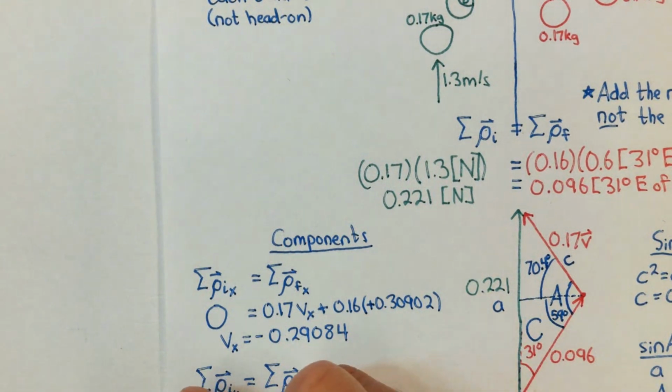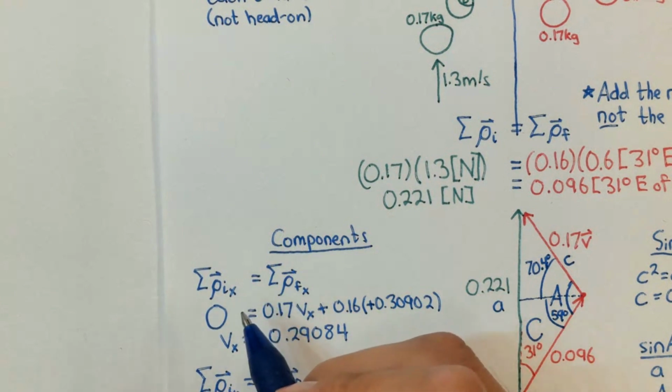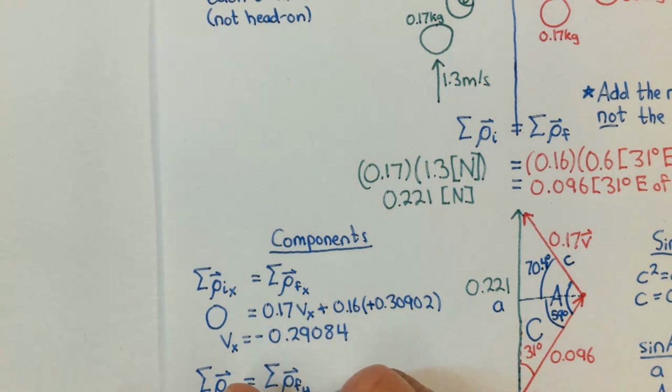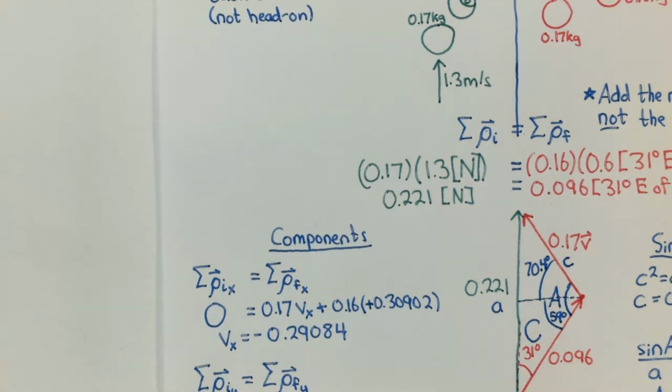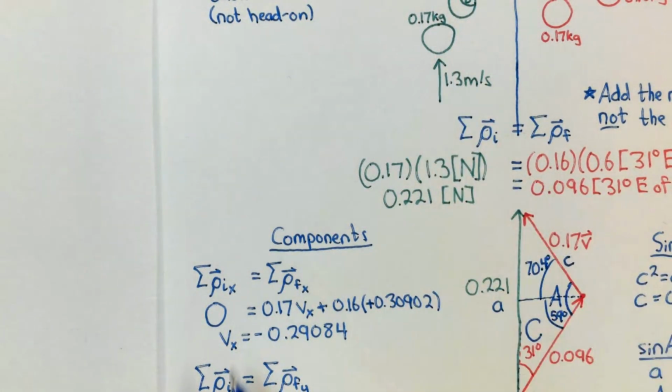So it's the mass times its velocity. I've done those backwards, but that's okay. Mass times velocity, and that's positive. So I have initially some positive momentum. That means finally I'll end up with the same positive momentum.